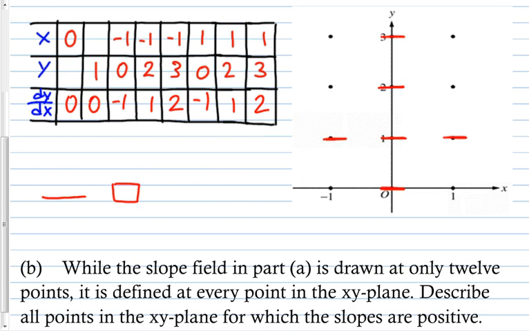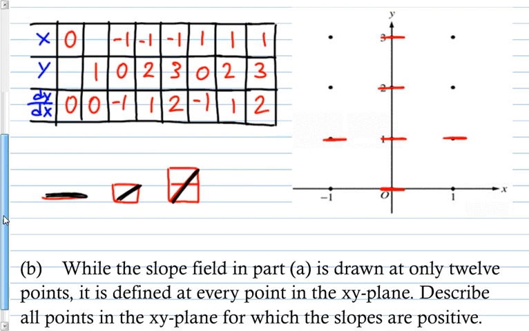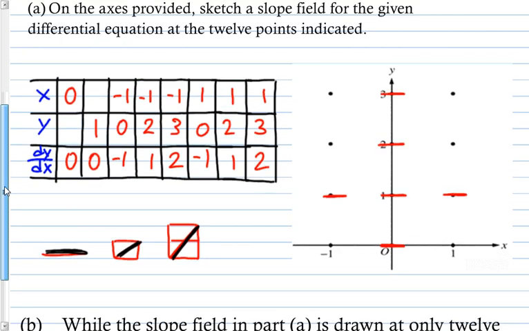Got ahead of myself. So 2 would have to be steeper. So it would be like this. So this is 2. Okay? So this is 2. This is 1. See how the 2 is a little steeper? And then this is 0. Okay. Oh, and then negative is just reversed, facing the other direction.